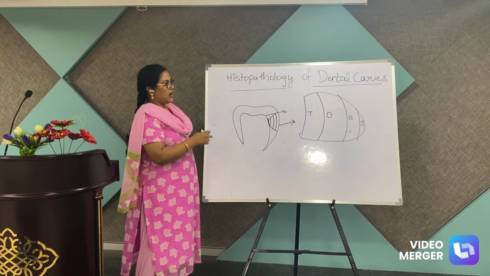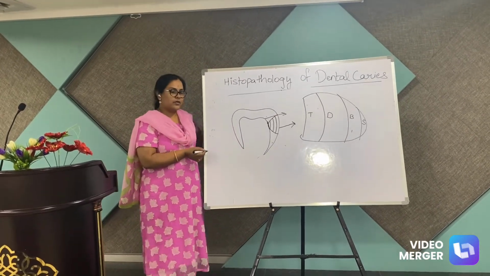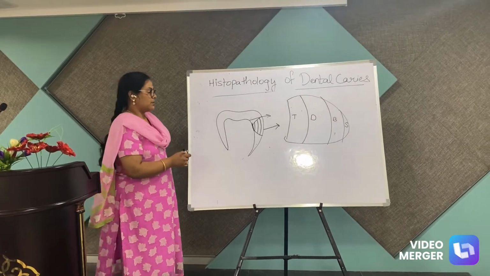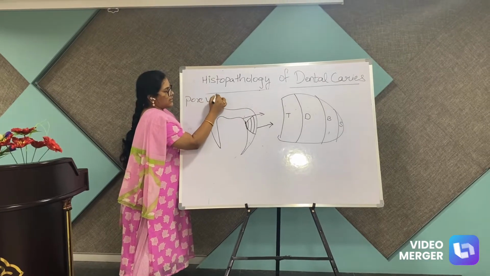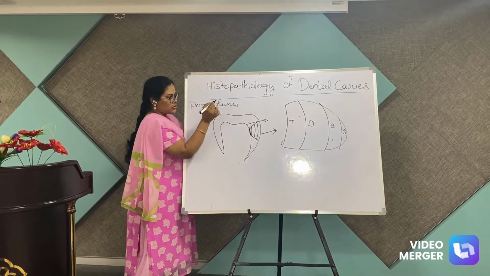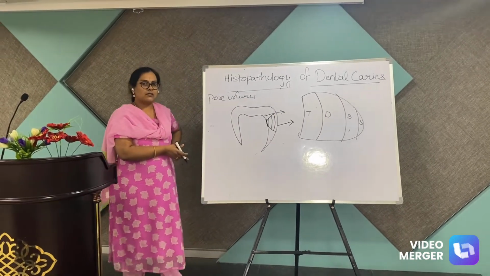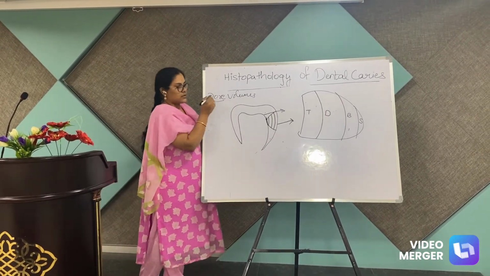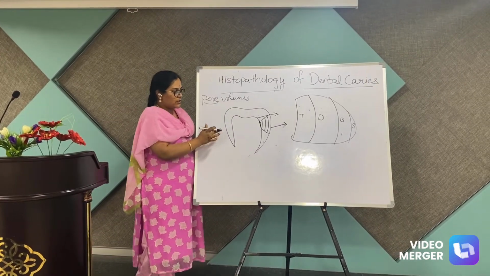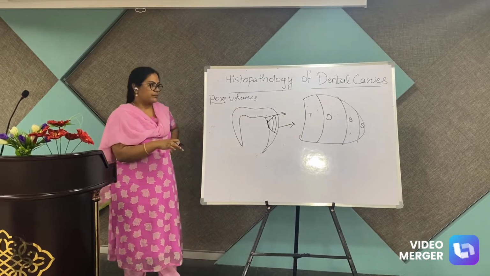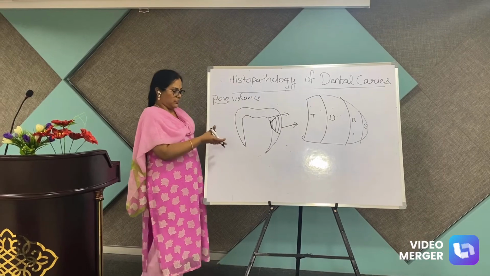So how are these zones categorized? On what basis were the zones observed? Those zones were observed based on the pore volume. We all know that enamel is made up of rods, enamel prisms, which are hydroxyapatite crystals, so basically it is porous. So based on the pore volume as well as the mounting medium, as these are observed under a microscope, we need a mounting medium to observe.